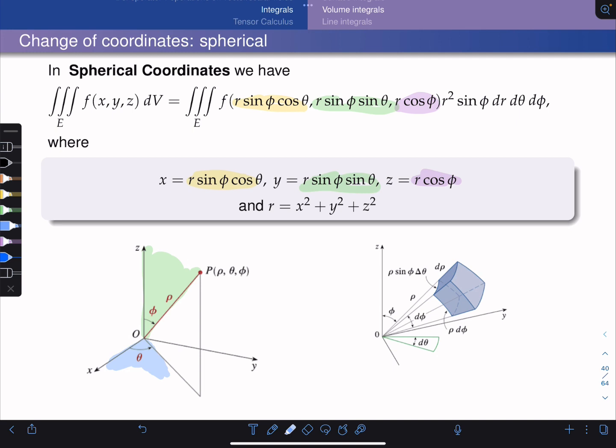In physics or engineering or other books, the angles phi and theta can be swapped, but usually in mathematics it is kept in this way.